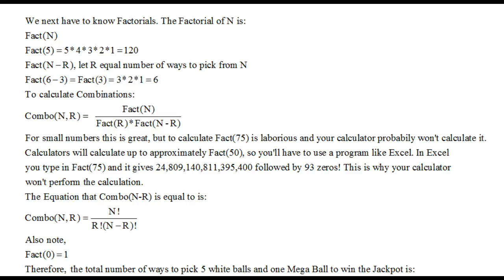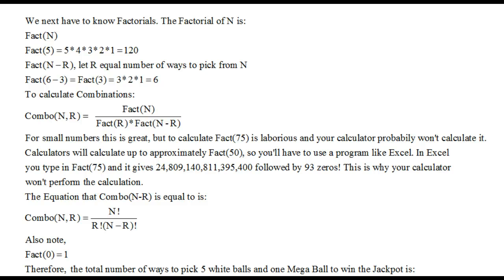For small numbers, this is great by hand. But to calculate factorial of 75 is quite difficult, and your calculator probably won't calculate it because calculators don't calculate that high in factorials. You'll have to use something like an Excel program, okay?